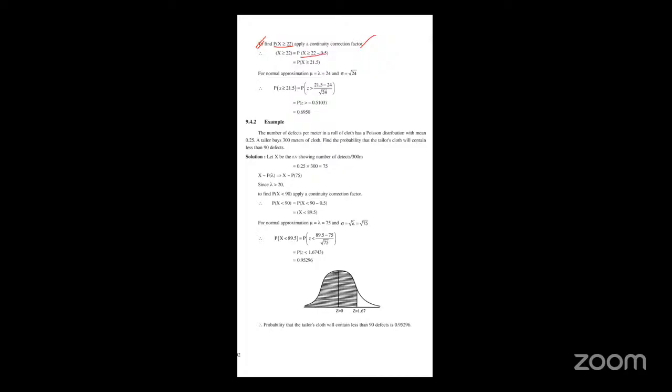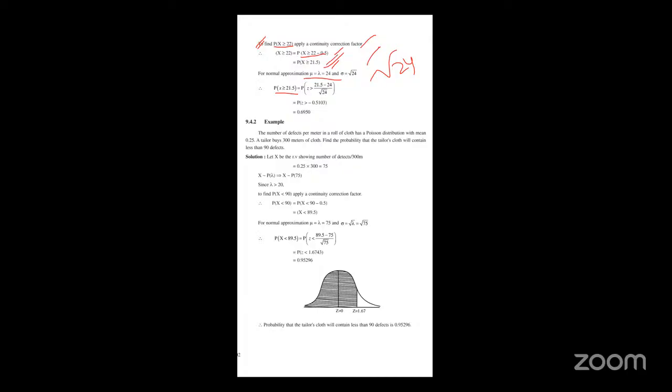For this, we subtract here: 22 minus 0.5, which becomes 21.5. Approximately, the lambda value is 24 and the standard deviation is root 24. So we are taking the probability of X greater than or equal to 21.5.